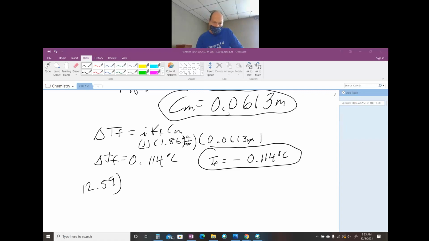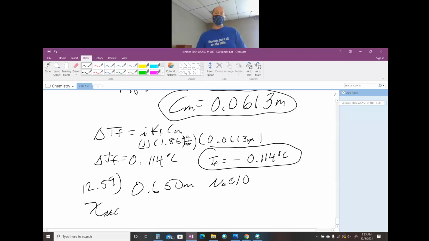All right, so 12.59, you've got a 0.650 molal of sodium hypochlorite. And the question is, find the mole fraction of sodium hypochlorite. All right, so again, what are my units for this little m? Little m is not helpful, so you should change it to what?